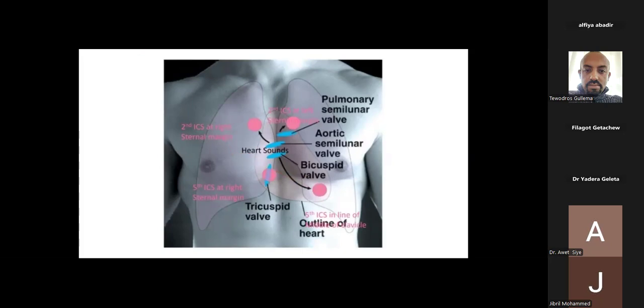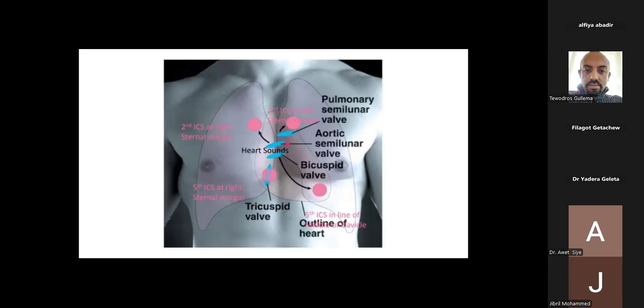Very good. There is one Erb's point I will show you in the later picture. What does it serve us for? Sometimes with aortic pathology, since the aortic valve is here and people are individual, it can be a little toward the left side, it may be located. So at this time the auscultation or the finding of aortic pathology may be at the third intercostal space along the parasternal line. It is called Erb's point.